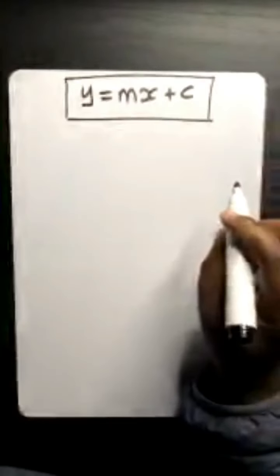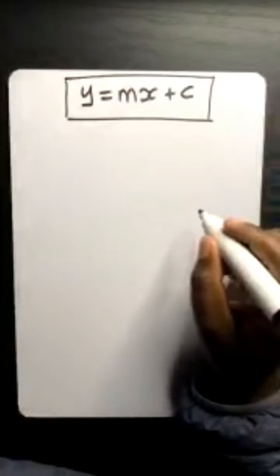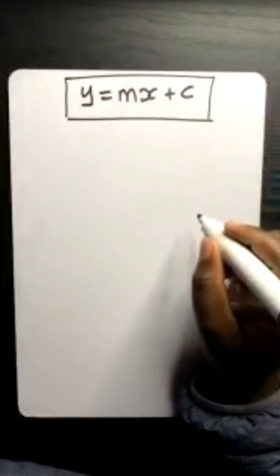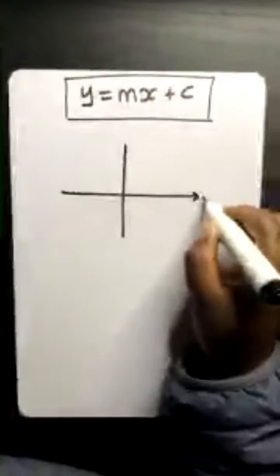So now, with the formula of a straight line looking similar to that, let's try to unpack all of that. Obviously, we know that a straight line is drawn on a Cartesian plane. This y talks about the value of y, and this x talks about the value of x.